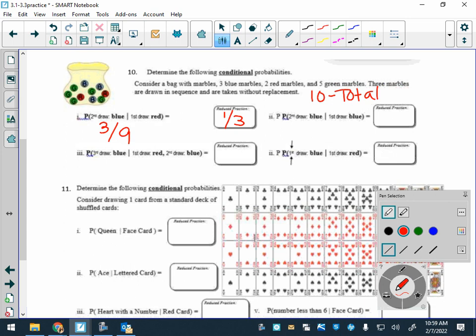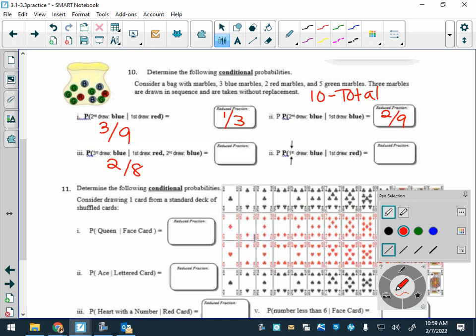Okay? Number 2, probability the second draw is blue, given the first draw is blue. Abigail? 2/9. Excellent. Okay? And the third one, probability the third one is blue, given you have already drawn a red and a blue. Julia? 1/4.